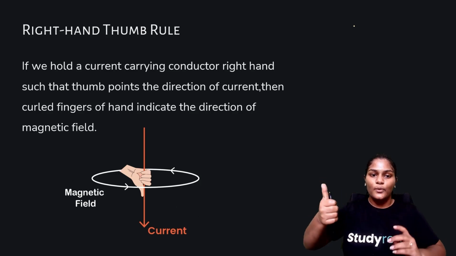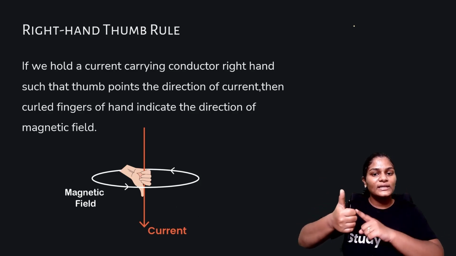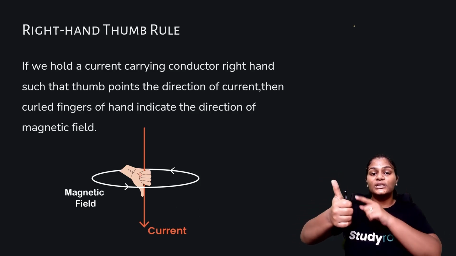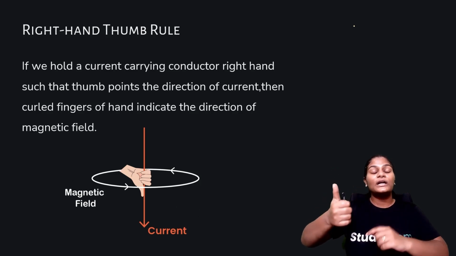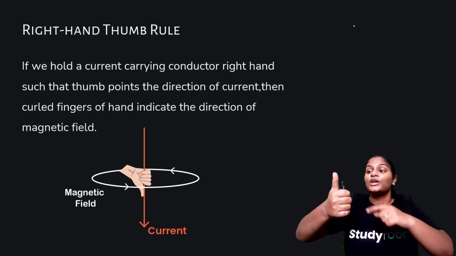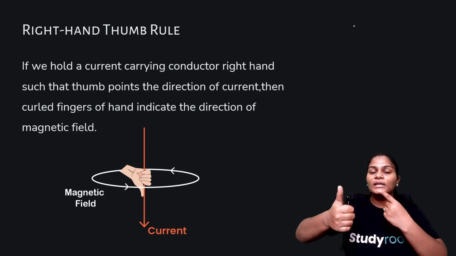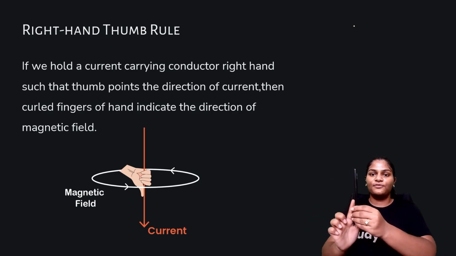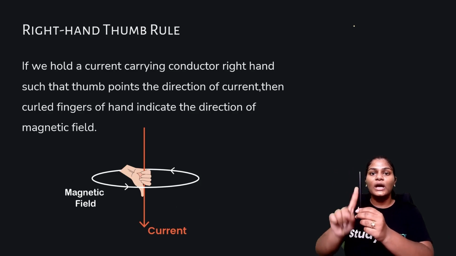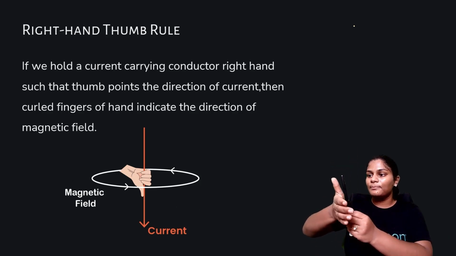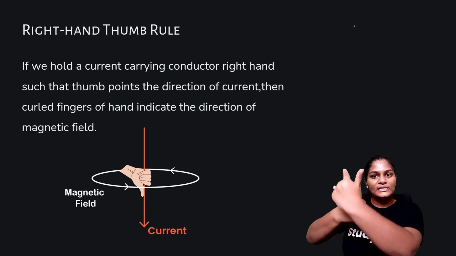Now, it says if we hold a current carrying conductor in our right hand such that the thumb points in the direction of current. So the next thing you need to do is, you need to look at the direction of your thumb and you need to point it in the direction of current. So if this is the wire and the current is going upwards, how will my thumb be? My thumb will be like this, upwards.